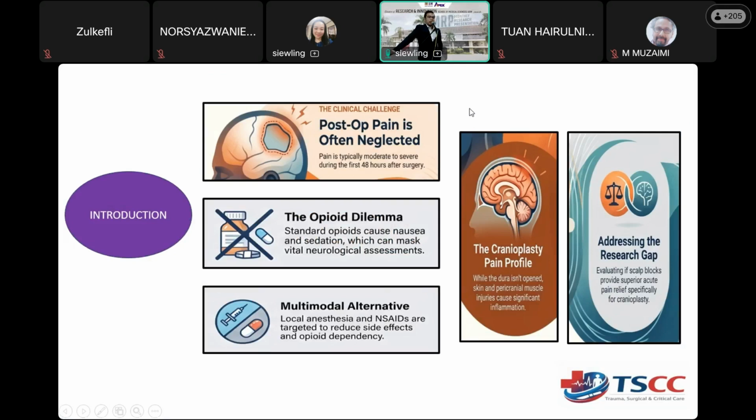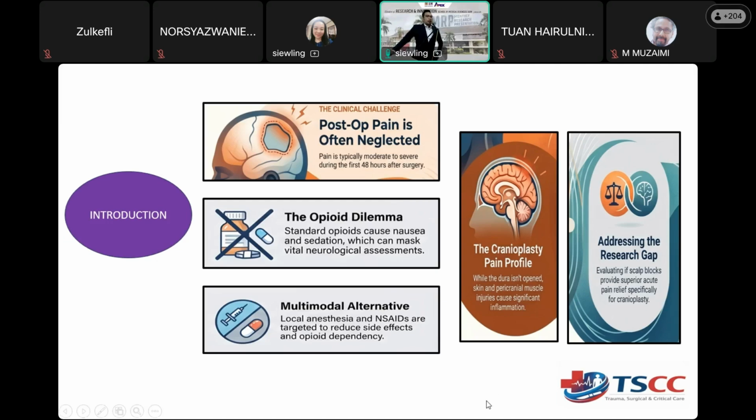The pain does not come from the dura being opened, because in cranioplasty we do not open the dura, but from the skin and the pericranial muscles that cause significant inflammation. Whenever we are dealing with a neuro patient, we try our best not to use long-acting opioids, and if you can avoid opioids, that's even better, because opioids can cause nausea and sedation and mask the neurological assessment.